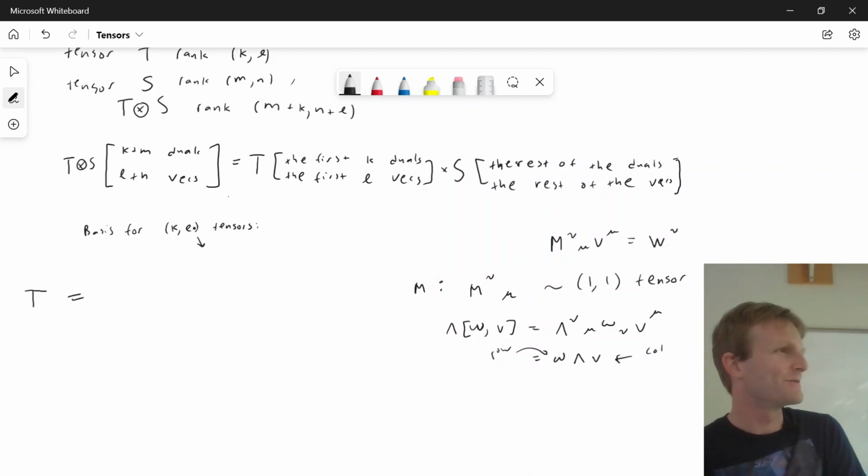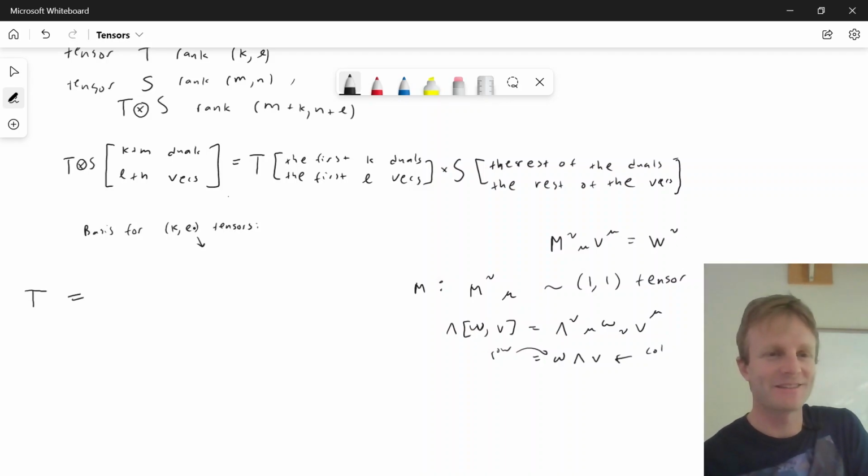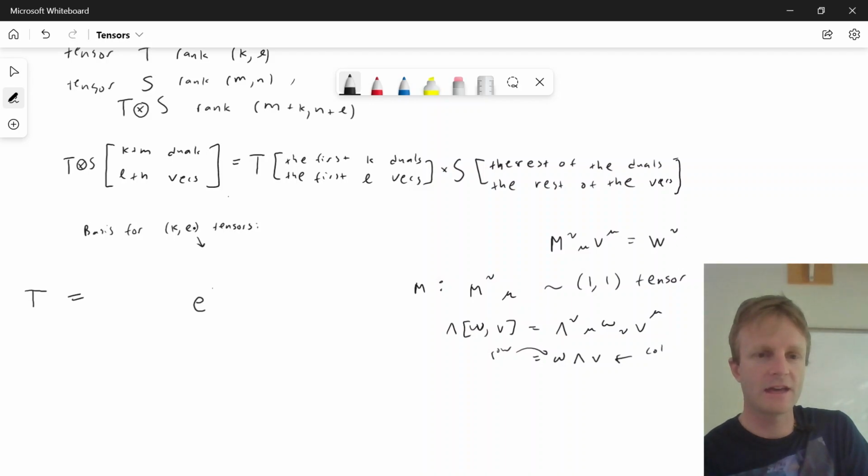Well, a vector eats a dual vector and gives you a number, right? And so what we're going to need here for our basis is K vectors. So E hat mu 1, and here's where I use the tensor product construction on the vectors, up to E hat mu K. Okay, so I've got K indices here.